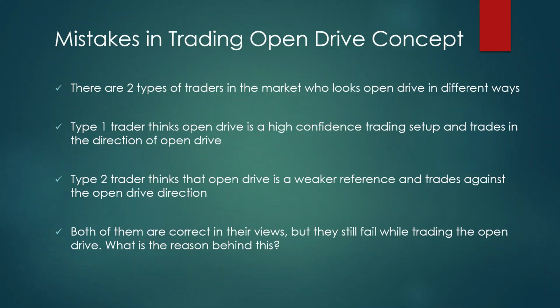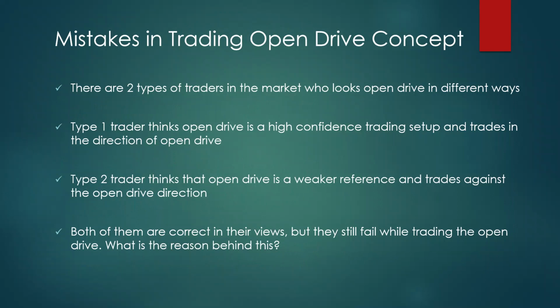Okay. Then the type 2 trader always thinks that when the open occurs, it is a weaker reference point and the market will try to revisit the point. So their trades will be against that open drive reference point. Actually, both of them are correct in their own way, but still they make losses.